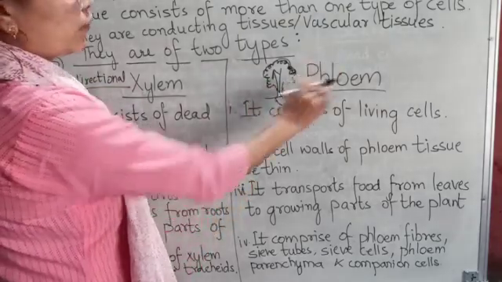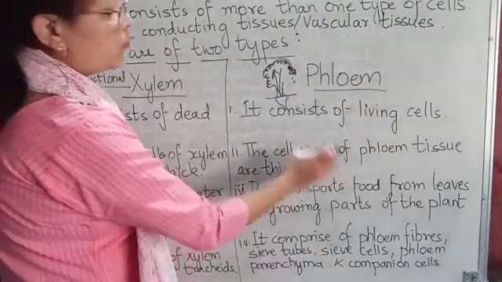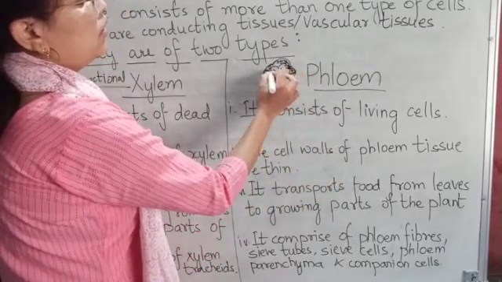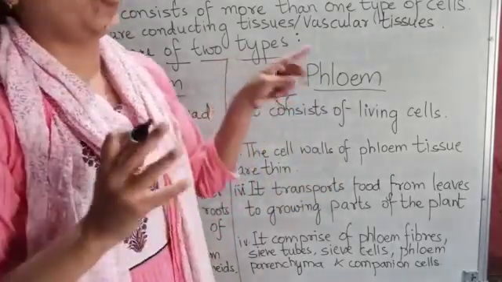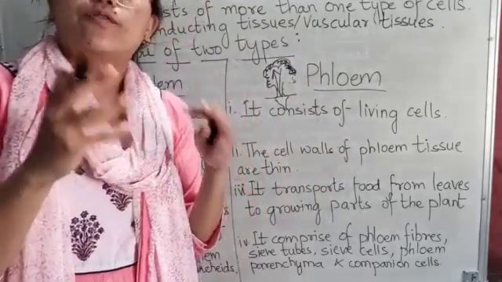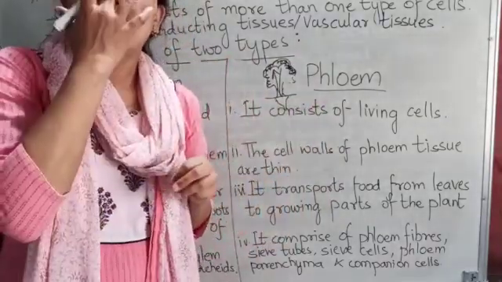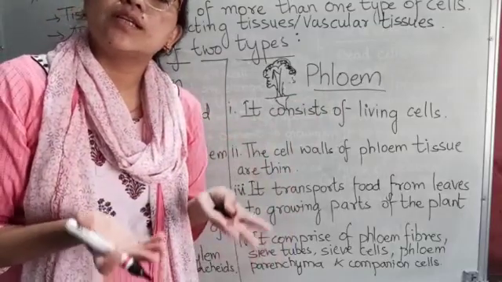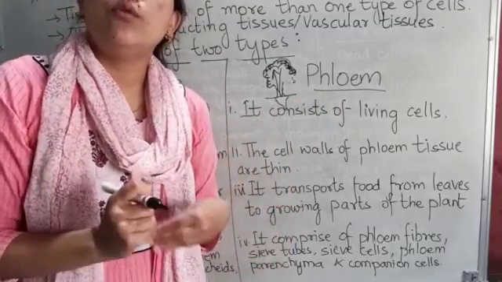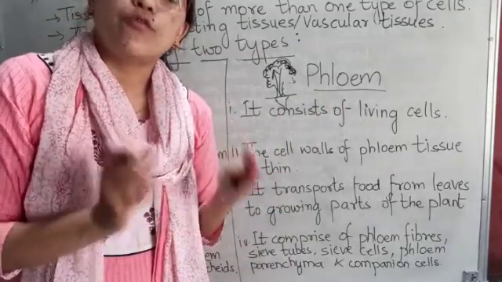In the case of phloem, it takes food from leaves and transports it to the other parts of the plant. Leaves prepare their own food by the process of photosynthesis.